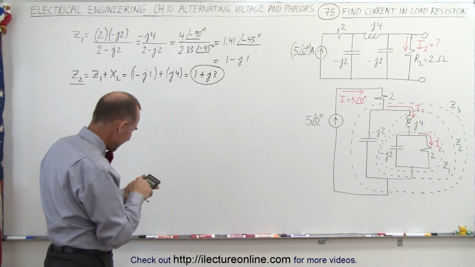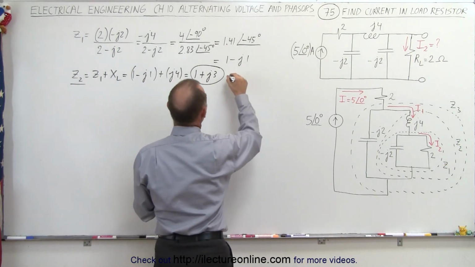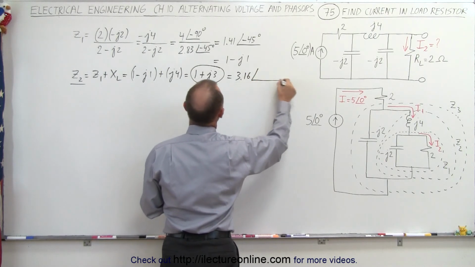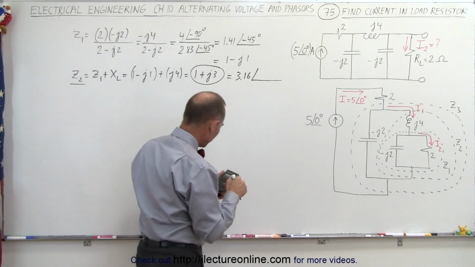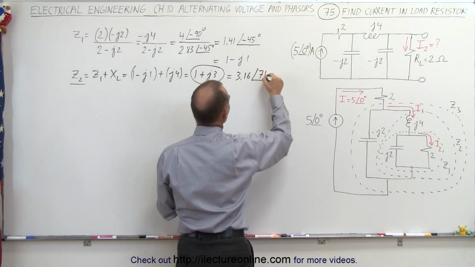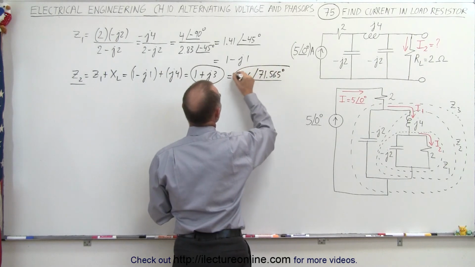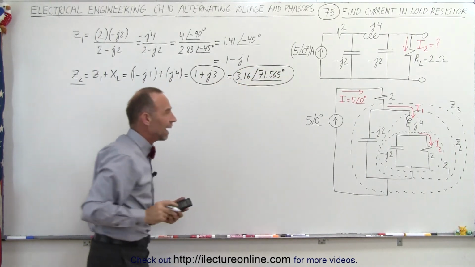So that would be 10, take the square root of 10, that gives us 3.16. And that would be with a phase angle of 3, take the inverse tangent of that, that's 71.565 degrees. And so this here would be Z2 in magnitude and phase angle format.